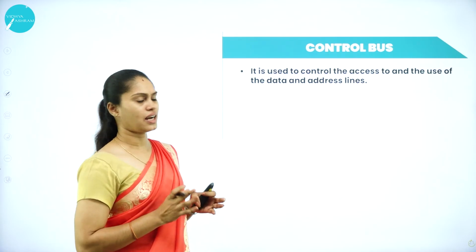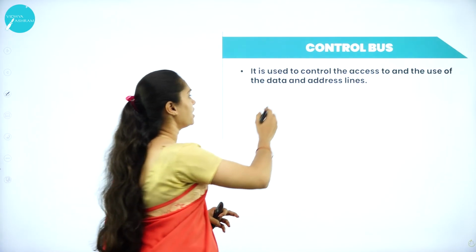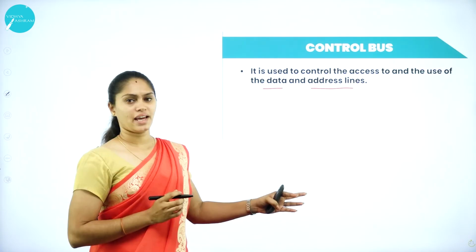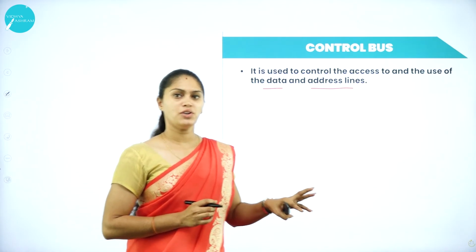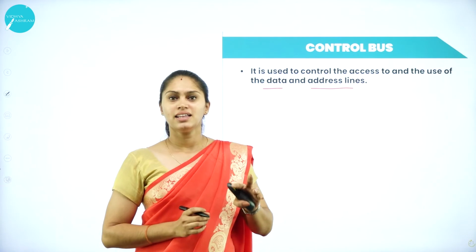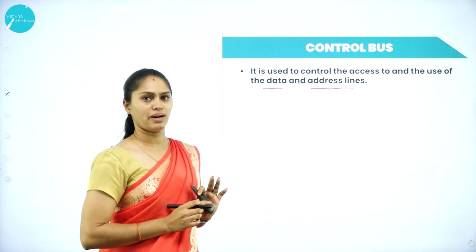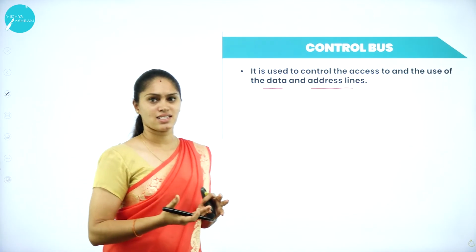So coming to this control bus, it is used to control the access to and use of the data and address lines. There we have what? Data and address lines. So in order to regulate those kinds of data, we require this control bus. Okay, so control bus is mainly used to control the access.